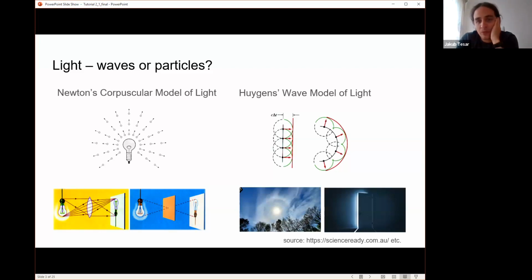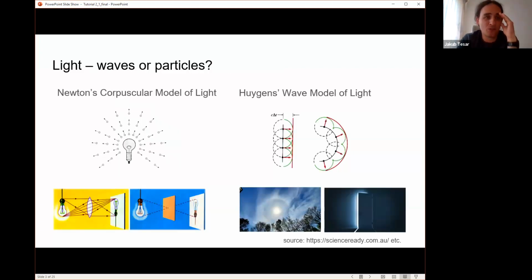There are numerous phenomena that you may know from your everyday life. For example, this straight line of light would be explained by Newton's understanding of light, but there is also this bending, this light that we can see all around these slightly open doors, which seems to be impossible to explain without the wave model of light. Michael, if you want, please interrupt me anytime. Okay, this is somehow dated history.